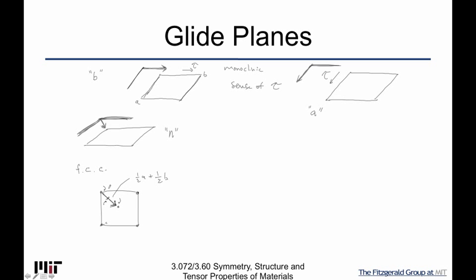And so the tau here would of course be 1/2 A plus 1/2 B. So this particular case, which you need a centered side in order to make this work, this would be a D glide. And so if you see a D, that's what that symbol refers to.